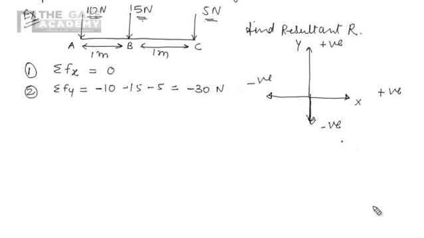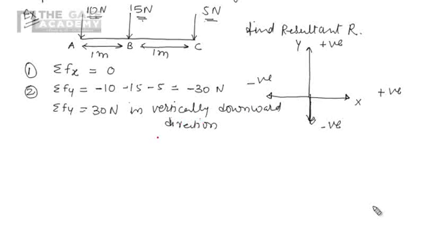The minus sign indicates the forces are acting in the downward direction. Or we can write sigma Fy equals 30 Newton in vertically downward direction. So in this way we can easily understand in which direction the sigma Fy component is acting.